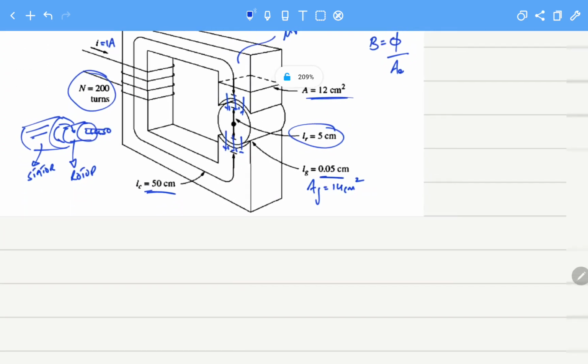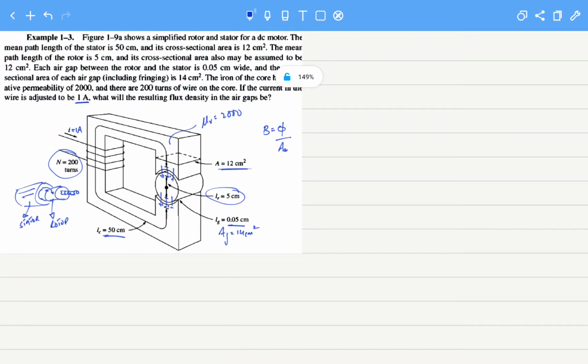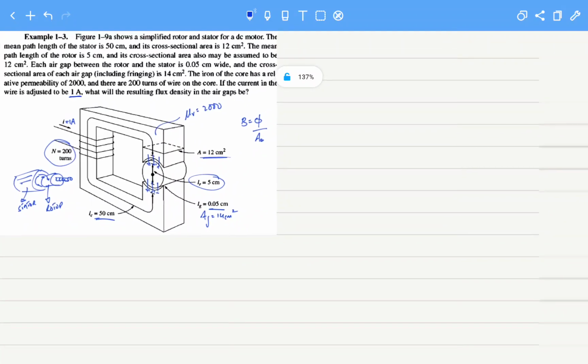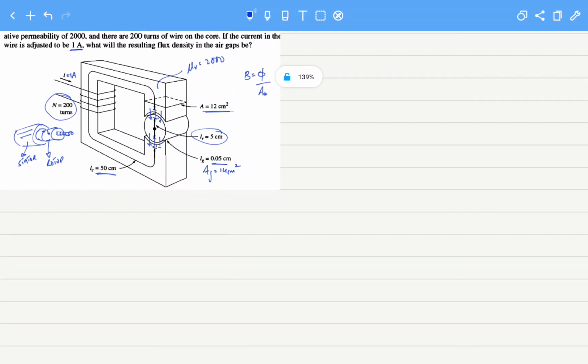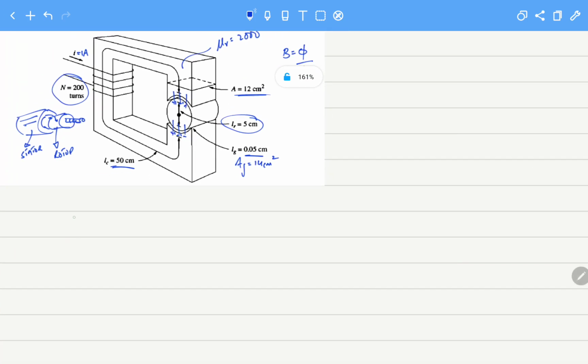So the first and foremost step is that we should be able to draw the equivalent magnetic circuit. One way to look at this core, which will simplify this system, is to look at the side view of the core, which is actually like this.